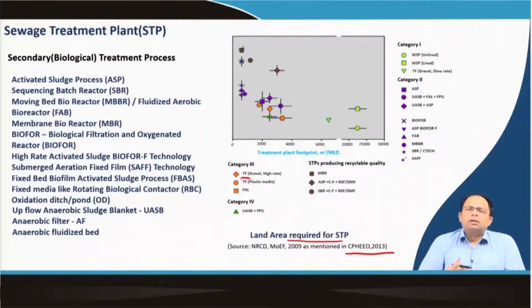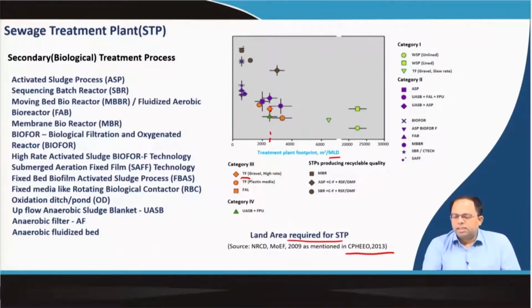Trickling filter is not there alone, right. So, the space required by trickling filter is something around here. What it means is that a sewage treatment plant including trickling filter will probably require around 2500 square meters of area per million liter per day of sewage that comes into this particular plant.